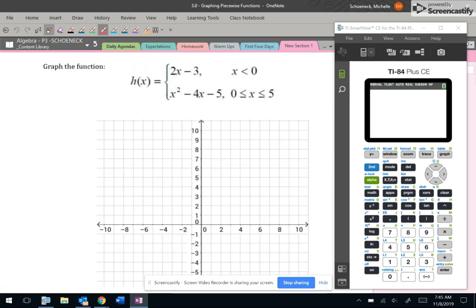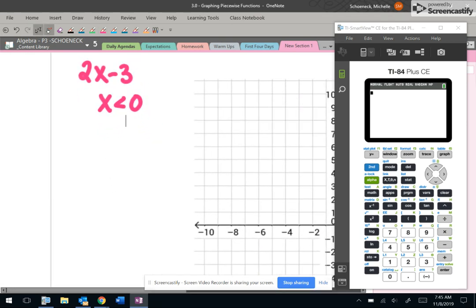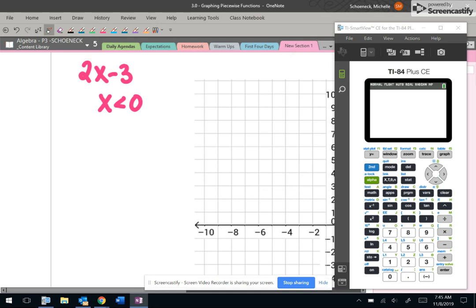So remember, we're going to color code here. We're going to take the first one and write it over here. So 2x minus 3, and it's on the interval of x is less than 0. So what we need to remember and think about is, is this an open circle or a closed circle?